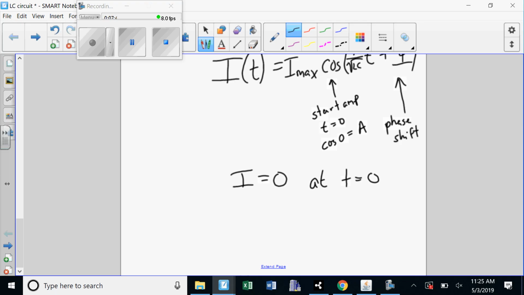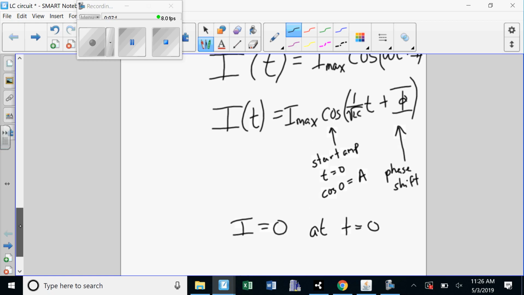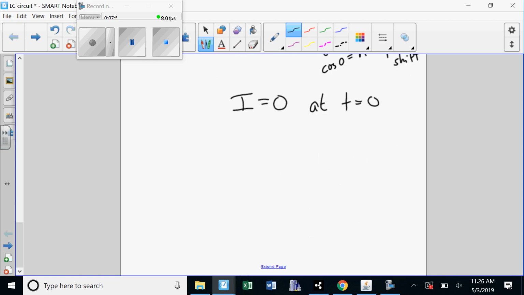So some might say that maybe a sine function would be a better solution to this second order differential equation because at t equals 0, sine of 0 is equal to 0. But I'm choosing to leave it as a cosine and just put in a phase shift. So I would say the current as a function of time for an LC circuit with a battery is just some maximum current times the cosine of omega times t plus a phase shift.